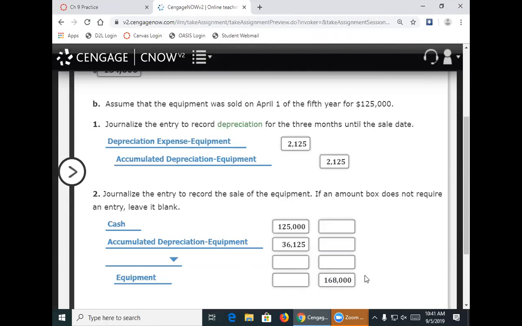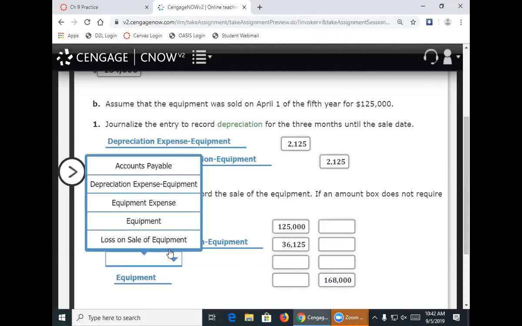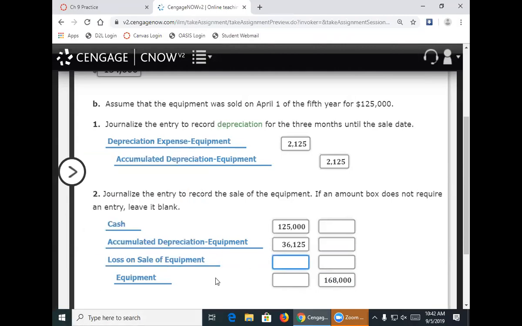Any loss on the sale of an asset is like an expense. Think of it like an expense. It's decreasing your profit, right? Well, expenses are increased on the debit side. A loss is always debited. Okay, so that's a compound entry there. So why are we closing out accumulated depreciation?